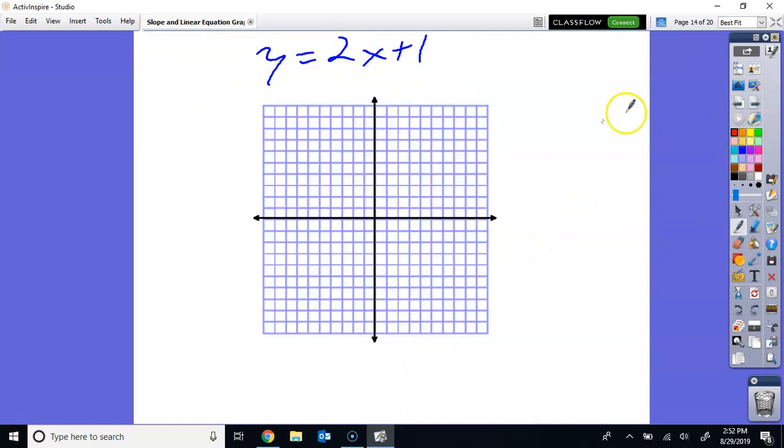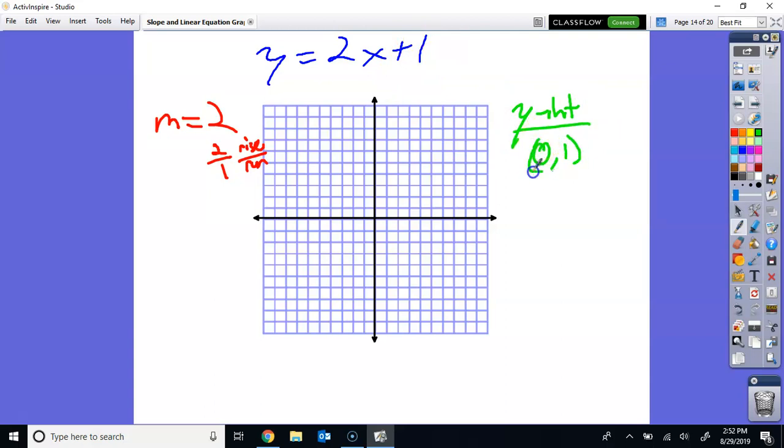So take a look at this one. The slope is 2, or 2 over 1 if you think about your rise over run. Then we see that the y-intercept right here is 1. So the y-intercept is (0, 1). So your b value is 1.